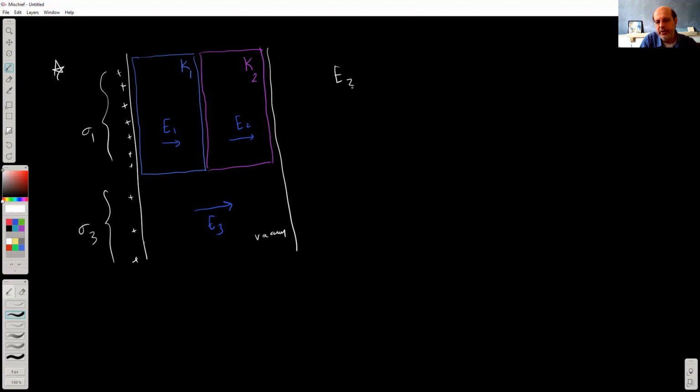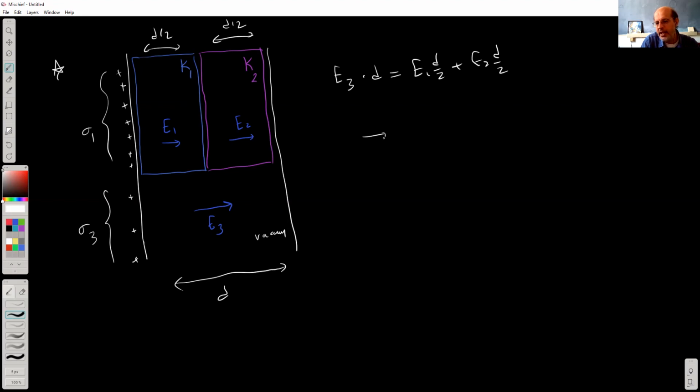There are 3 unknowns for the electric fields, and 2 unknowns for the surface charge densities. You can see that, for example, if that distance is d, and that's d over 2, then E3 times d, which is the potential difference between the places, equals E1 times d over 2 plus E2 times d over 2.